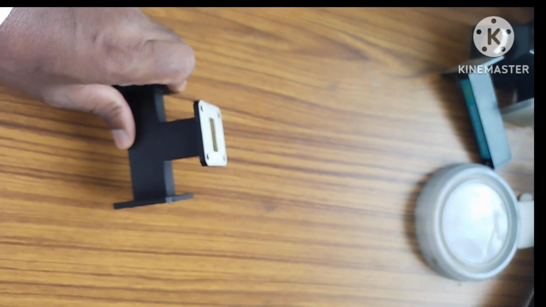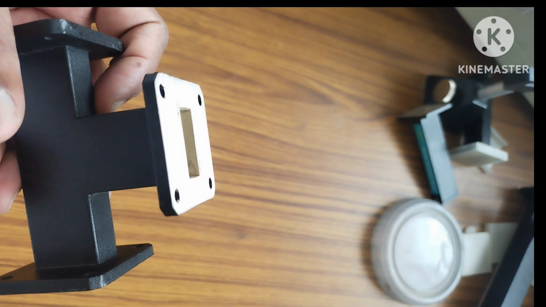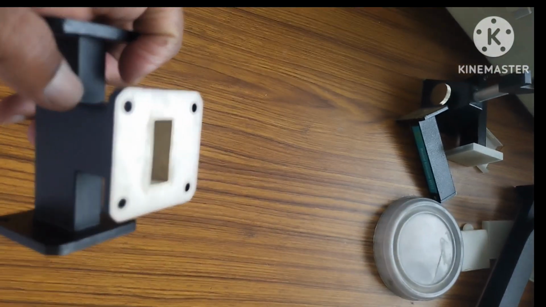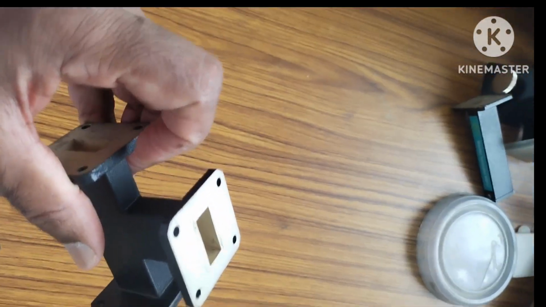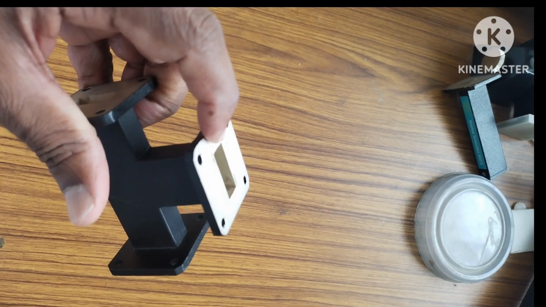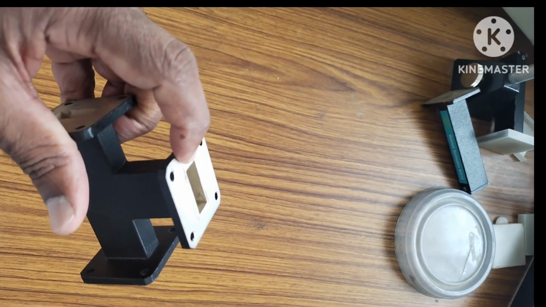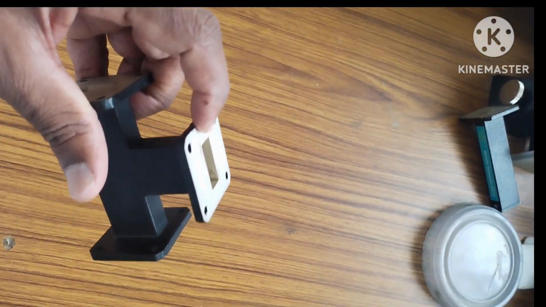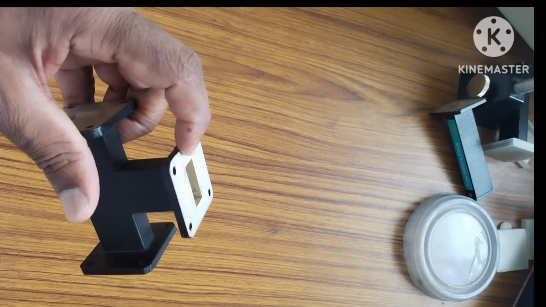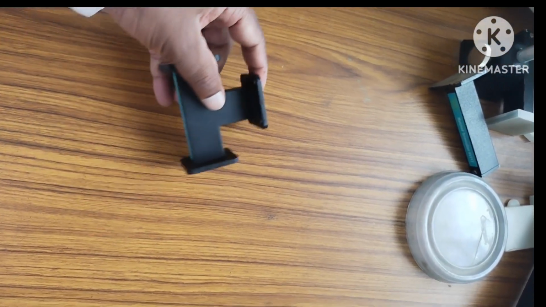In the case of the H-plane T junction, the rectangular waveguide section is cut along the narrow dimension, and one more waveguide section is attached to form the H-plane T junction. Its matrix can be represented as 3 by 3, varying from S11 to S33. It is already explained in the theory of the H-plane T junction.